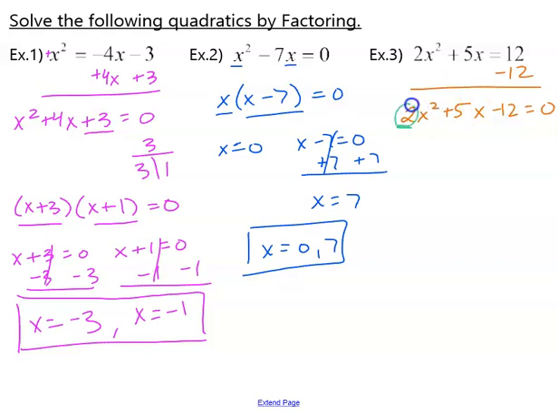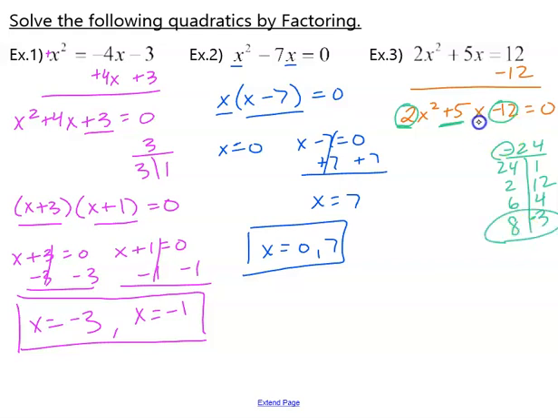So we're going to take 2 and negative 12, multiply them to get negative 24, and find the factors. 24 and 1, 2 and 12, 6 and 4, 8 and 3. The ones that subtract to positive 5 are 8 minus 3.